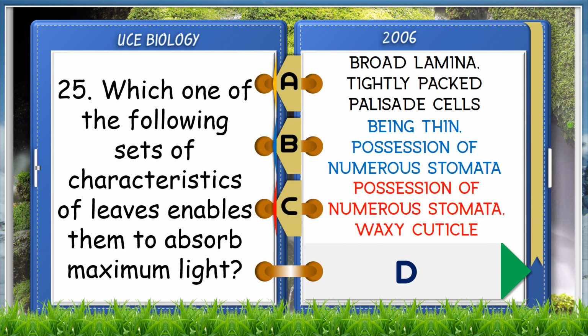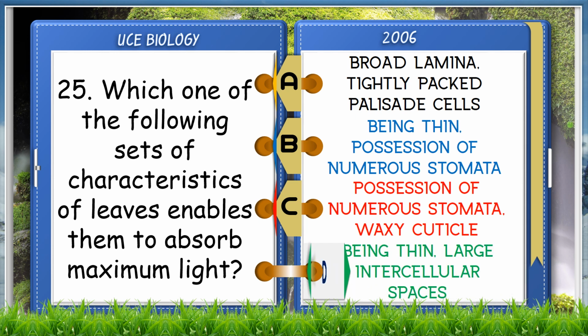C. Possession of numerous stomata, waxy cuticle. D. Being thin, large intercellular spaces. The answer is A. Broad lamina, tightly packed palisade cells.